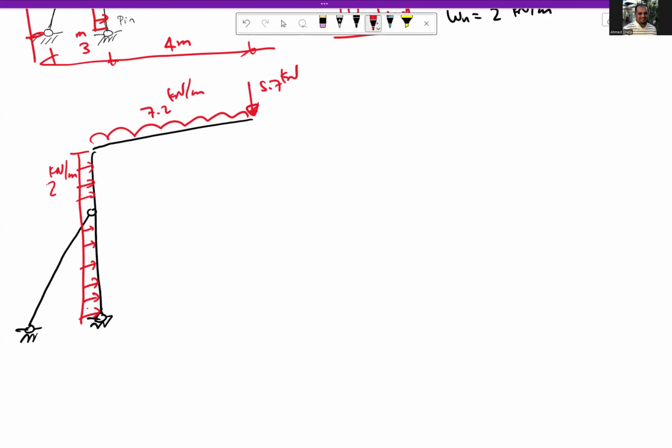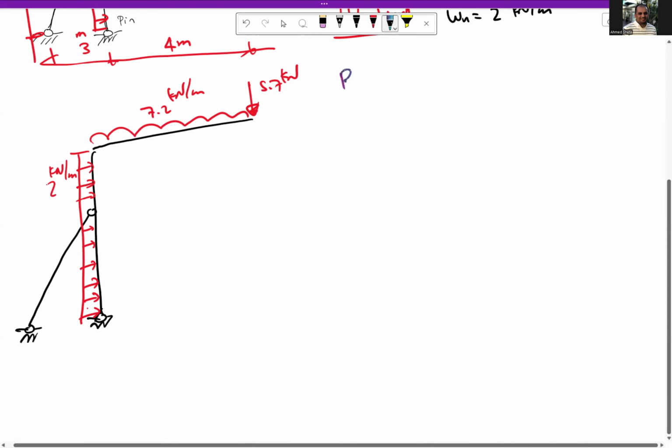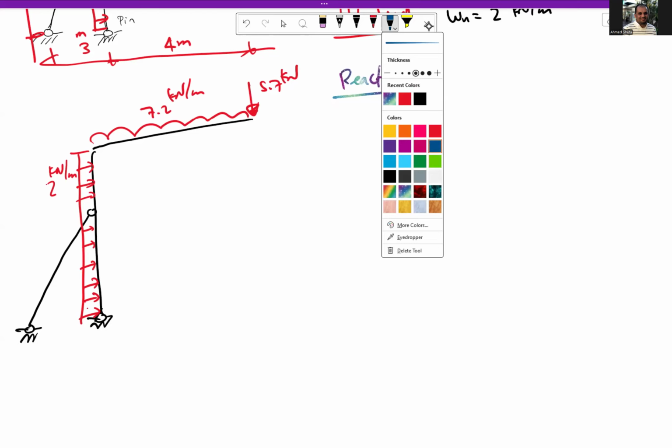The next step is to find the reactions. How many reactions do we have?